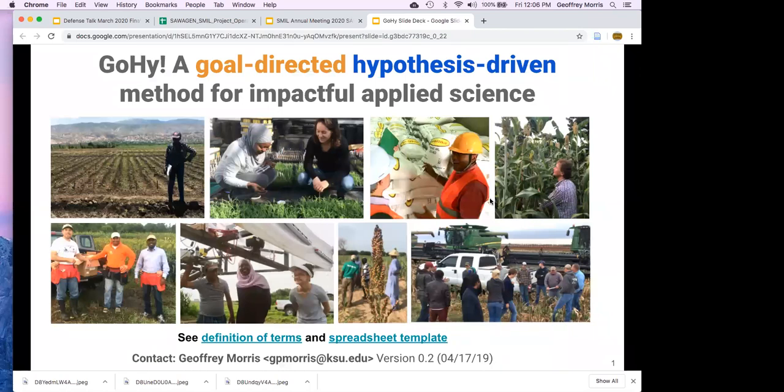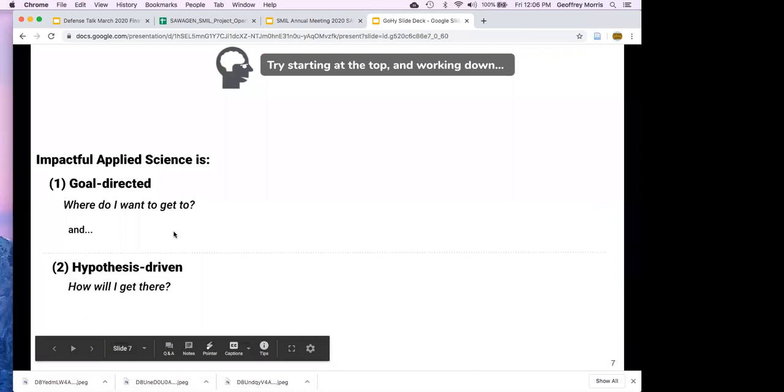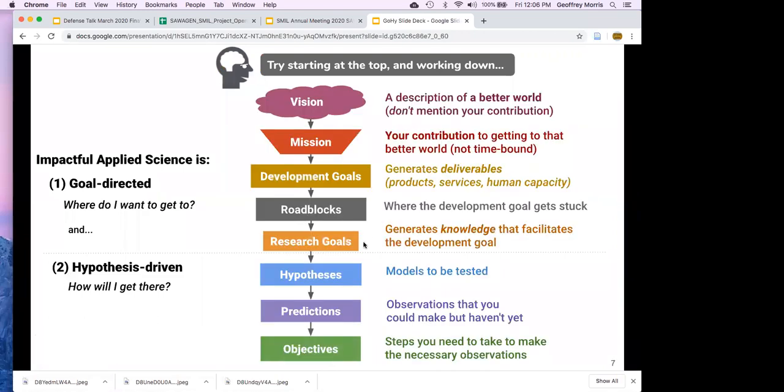From my perspective, the pathologist working with the breeders is maybe necessary but not sufficient to be useful for the breeders, in the sense that if there isn't a roadblock for the breeders that the research is helping with, the breeder could spend a lot of time helping the researchers, but then it doesn't necessarily feed back to help the breeders achieve their varietal development goals.